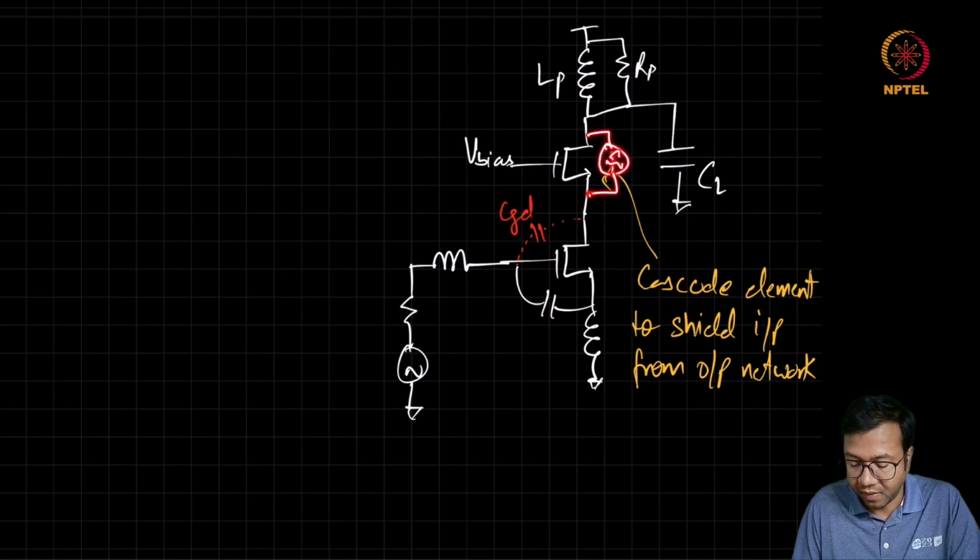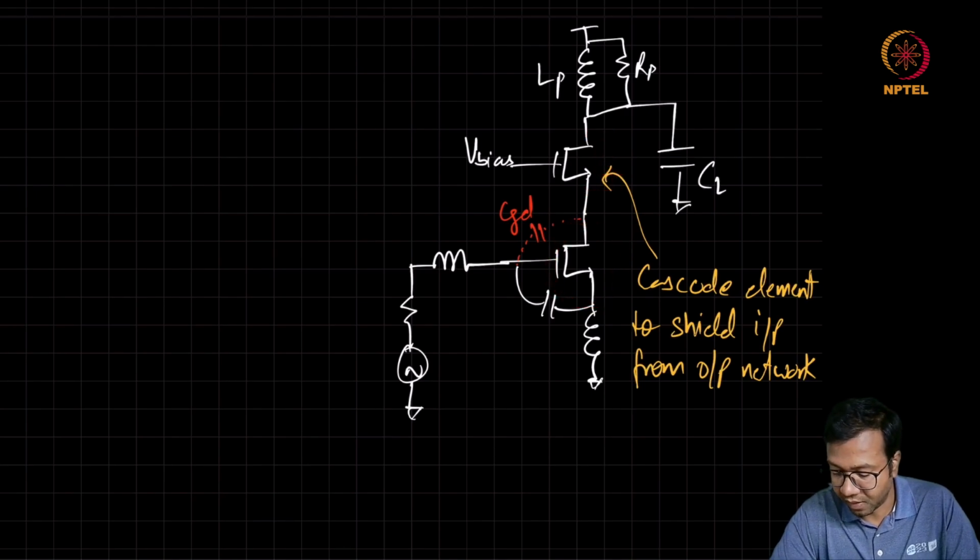You'll find that the noise generated by the cascode will not completely appear at the output because of high degeneration from the input element. So this cascode can actually help in improving the stability and input matching while not degrading the noise figure so much.